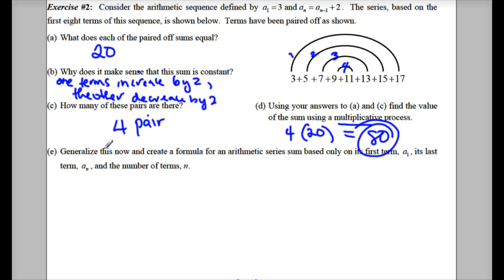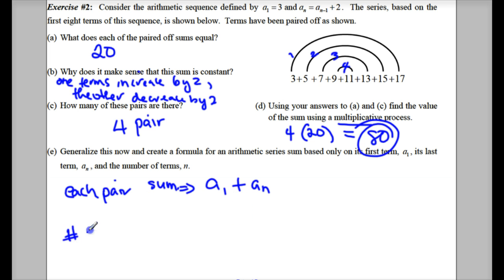each pair will have the sum of the first and last term. So each pair will have a sum of a1 plus an. Then the number of pairs will always be half the number of elements.